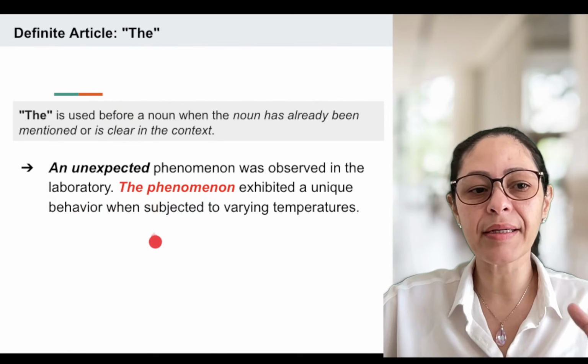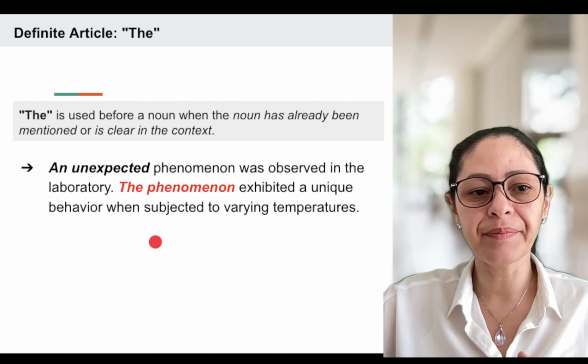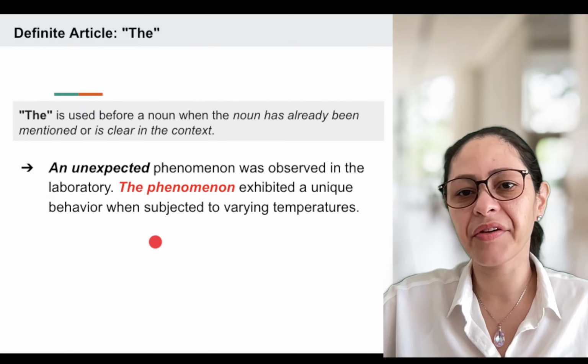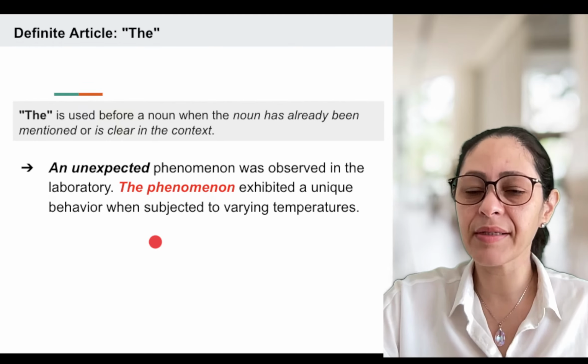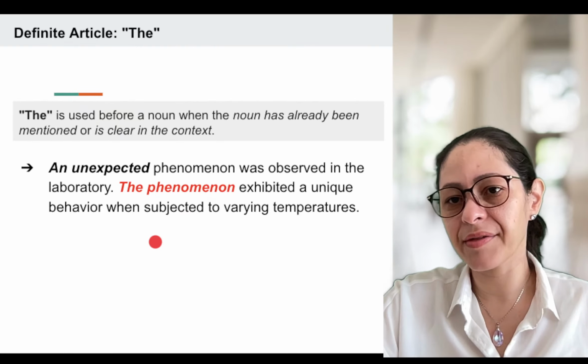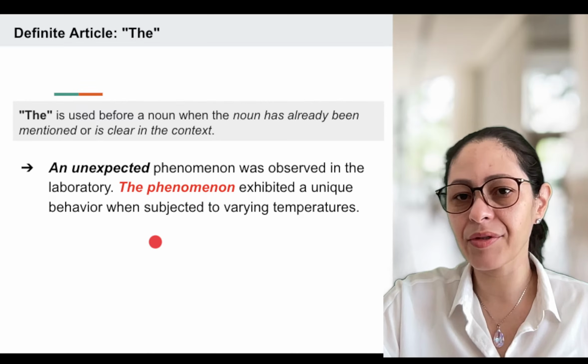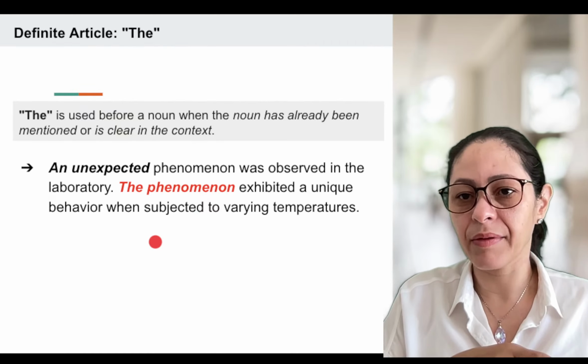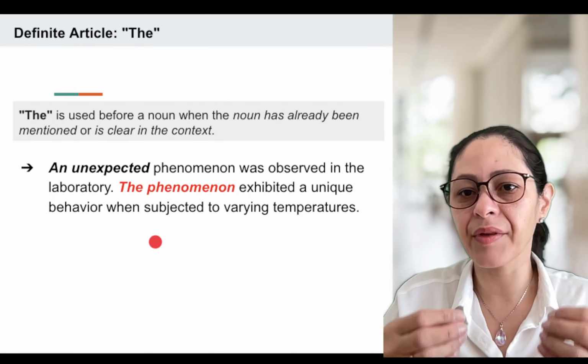The phenomenon exhibited a unique behavior when subjected to varying temperatures. So every time you mention a noun within a conversation for the second time or third time, then we must replace an with the phenomenon.